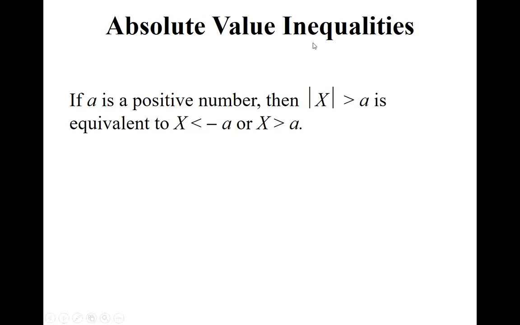In other words, drop the absolute value sign and read it as is for one of them. Drop the absolute value sign, flip greater than to less than, flip positive to negative for the other.